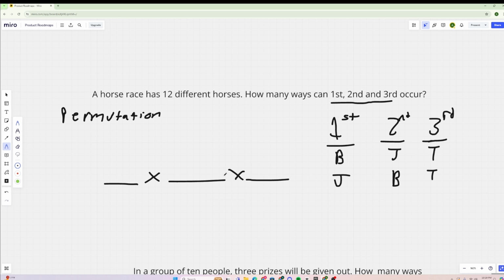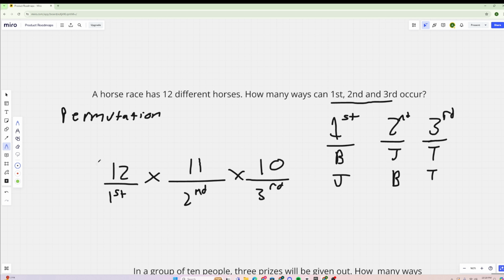There are three possible places. For first place, 12 different horses can win, right? 11 different horses can win second place, because one of them already won first. And 10 different horses can win third place, because two already won first and second.